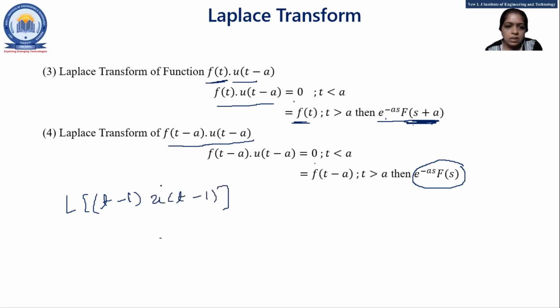See, this is the fourth kind of example. In this case, your a is 1, right? Your a is 1. What is your function, students? Your function is f of t.